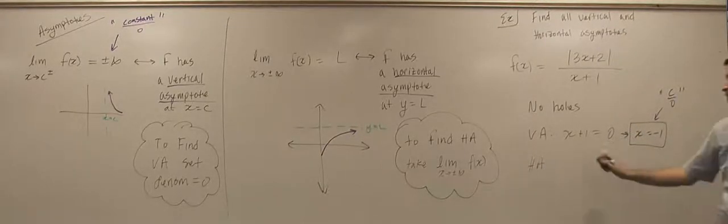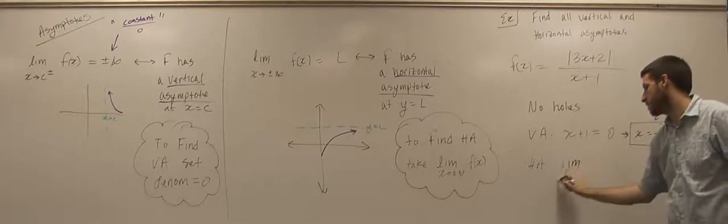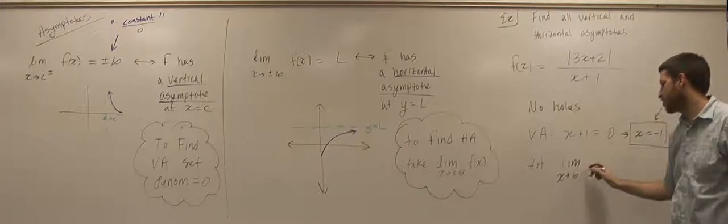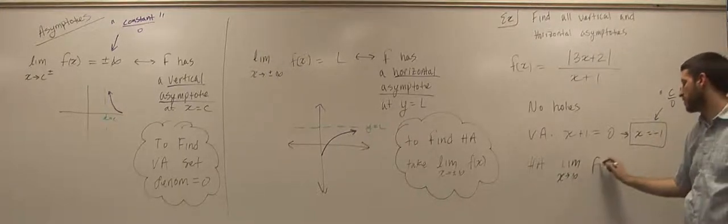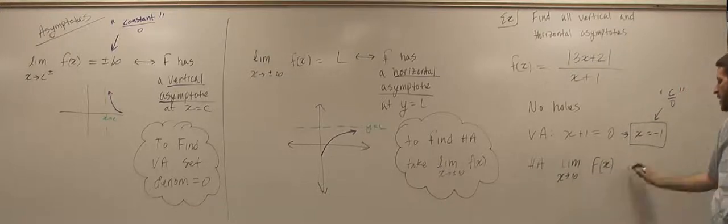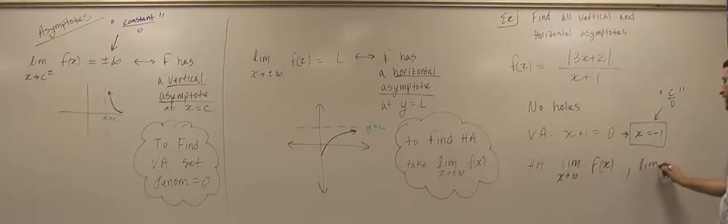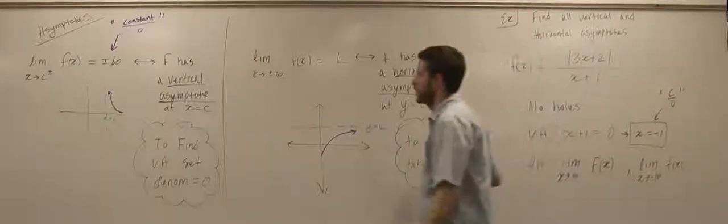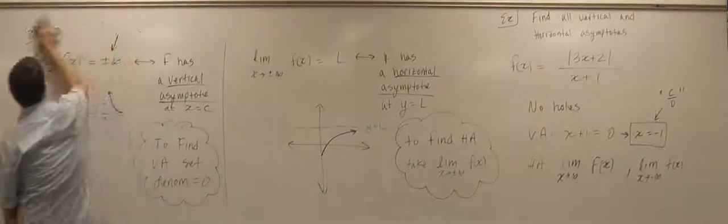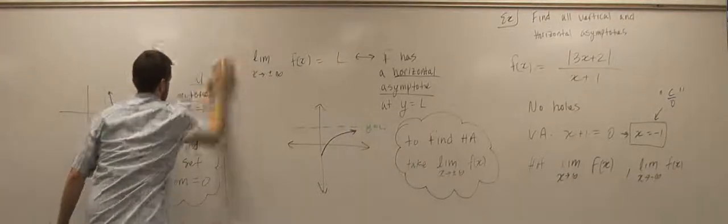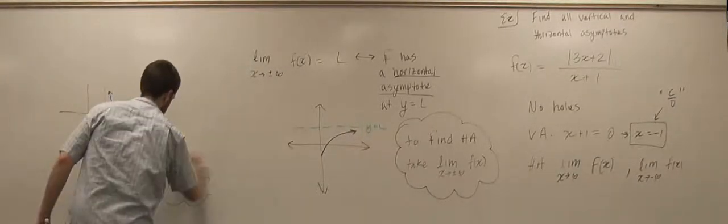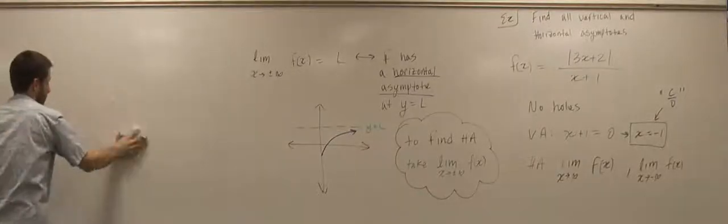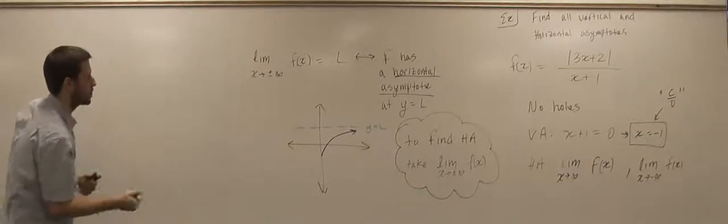For the horizontal asymptote, you're going to have to calculate two limits: the limit as x goes to infinity of your function, and the limit as x goes to negative infinity of your function. Let me do that over here.